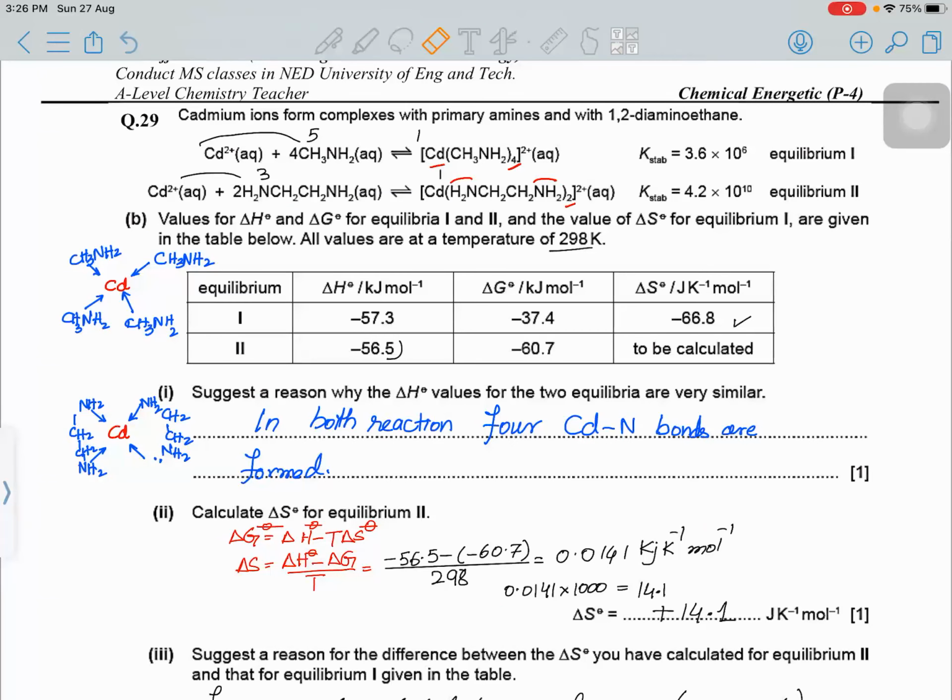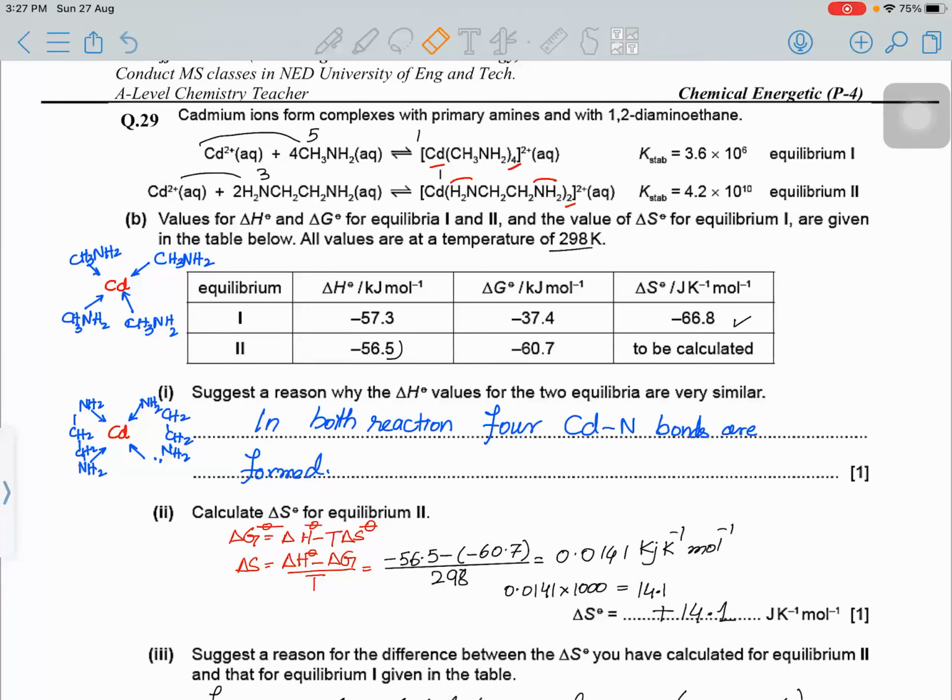In equilibrium 1, more molecules form 1. That's why entropy is negative. In the second equilibrium, a total of 3 moles gave one product. So in equilibrium 2 there is a slight change, but in 1, a change of 4. That's why entropy is negative, and in the second, entropy is positive.